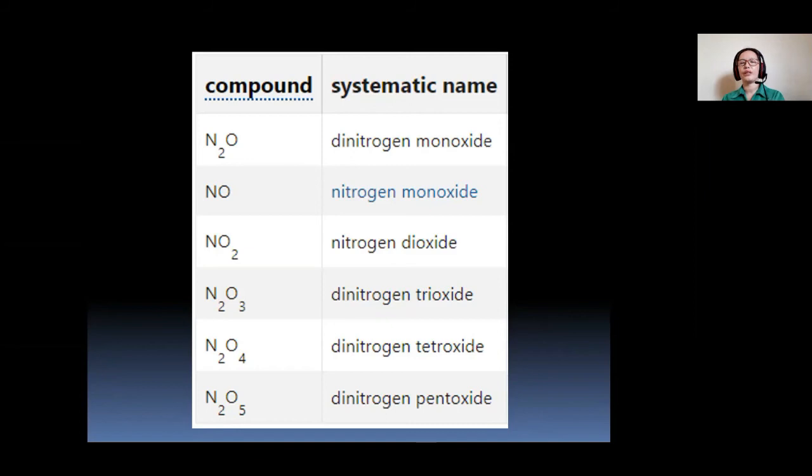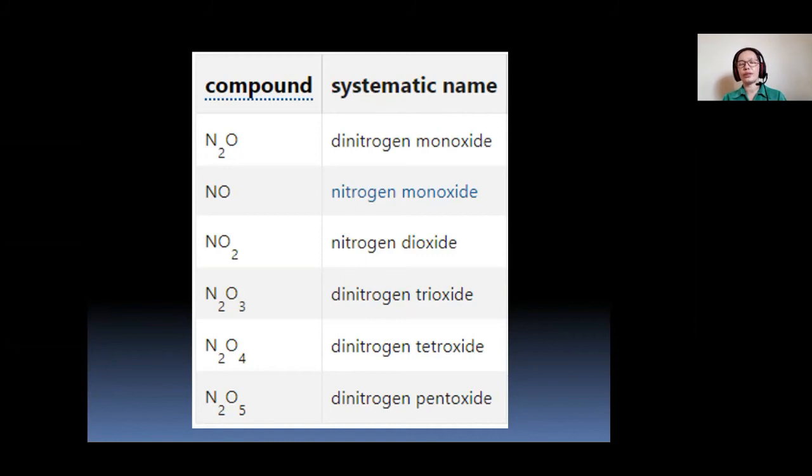So again, the prefix mono will only be used for the second element. Here, for example, NO2, nitrogen dioxide. So 2 is di, oxygen is oxide. So the second element ends in IDE. For N2O3, dinitrogen, complete name, dinitrogen trioxide.